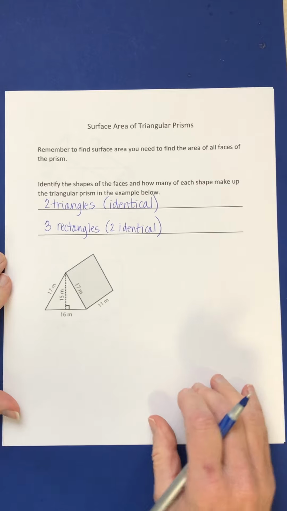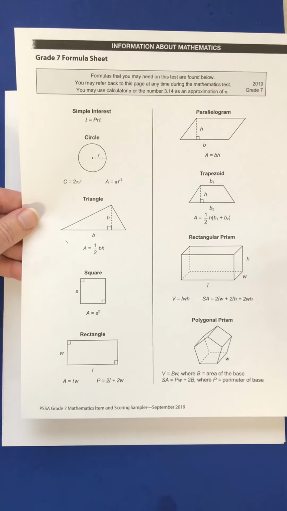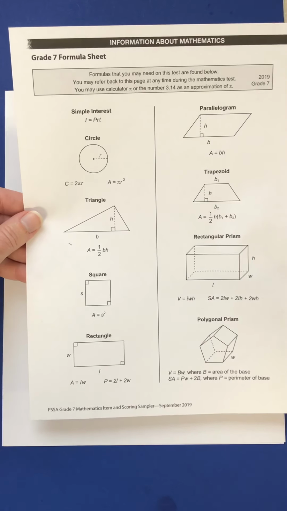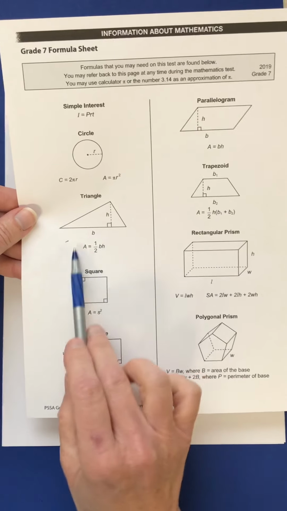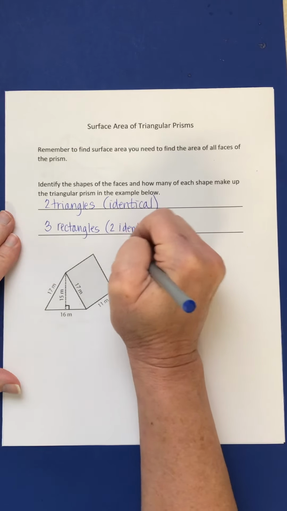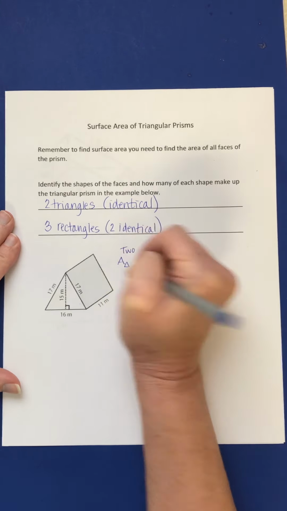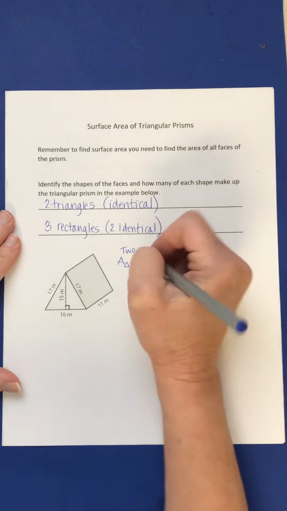What you have to do is refer back to the formula sheet that you've gotten before. Let's do the triangle one first. Your area formula for the triangle is 1/2 the base times the height. I'm going to say I have two of these, so it's the area, and I'm going to put a little triangle there so I know it's my triangle formula.